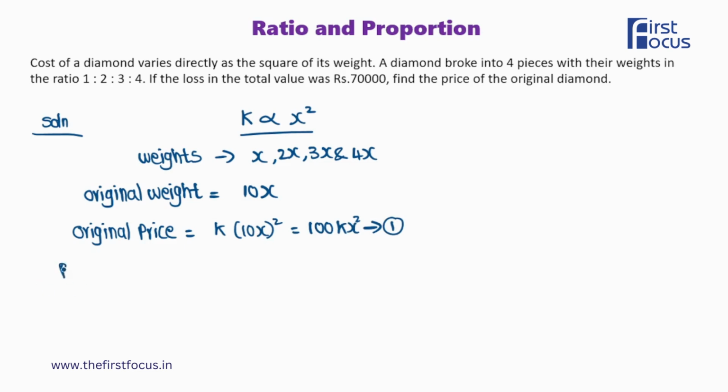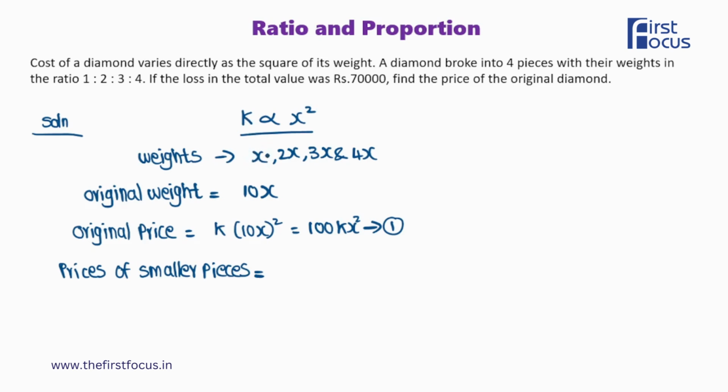Then we have to find the prices of the smaller broken pieces. In line with condition, the prices of smaller pieces will be k into weight square.